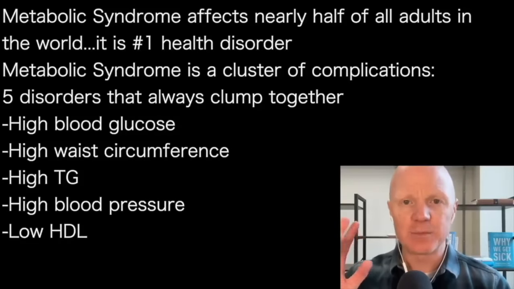Insulin resistance is a disorder with really 2 parts. I like to invoke the analogy where insulin resistance is like a coin. If I were holding a coin in my hand and I say, this coin is insulin resistance, well, the coin has two sides. So too does insulin resistance. One part of insulin resistance is the actual resistance to the signal of insulin.